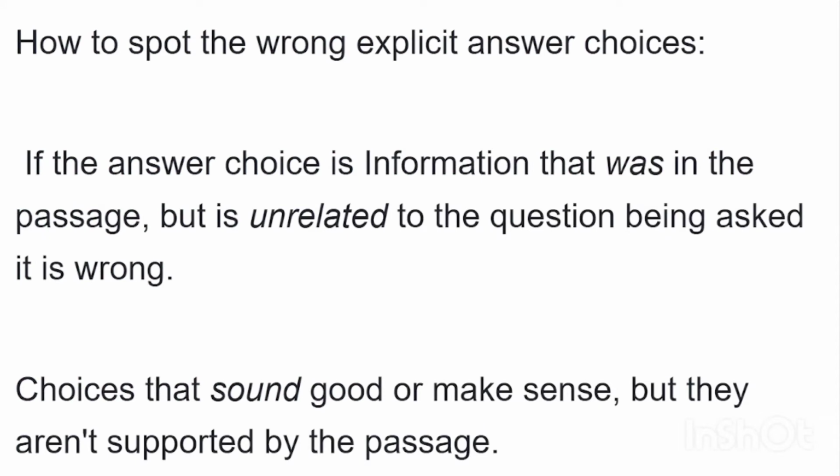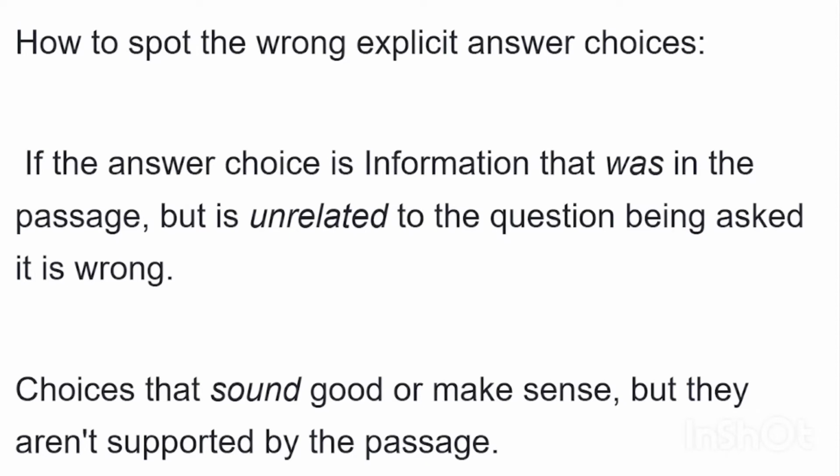Right now we're looking at the answer choices. The only way an answer choice would be wrong is if the information was in the passage but it is unrelated to the question being asked. For example, we're talking about Jill and Mike, and we know that Jill and Mike went to a party.